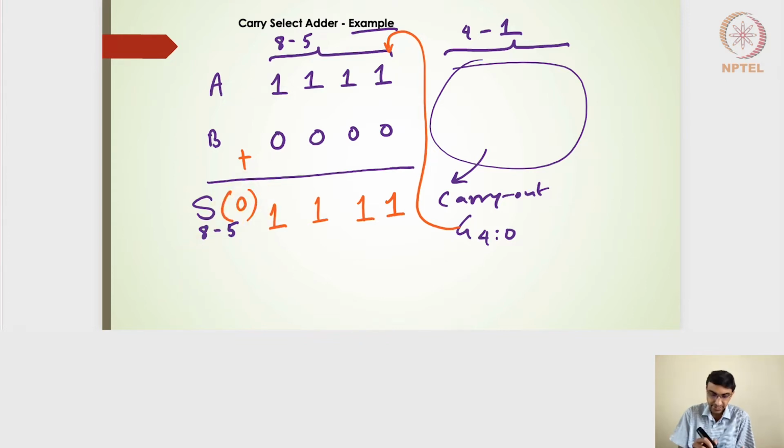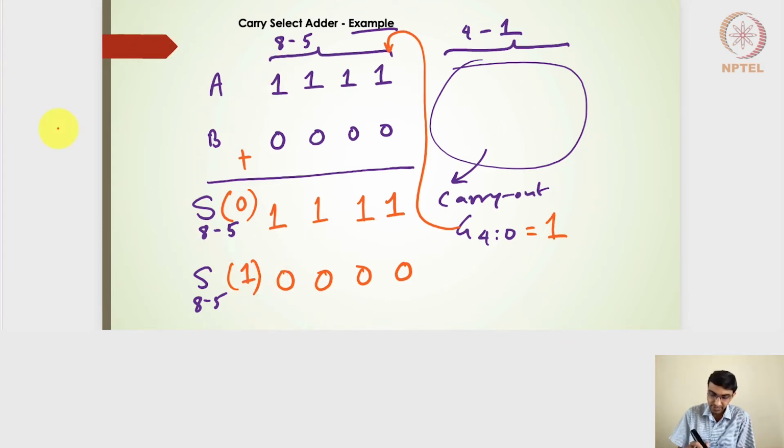So similarly, can I now find out S8 to 5 with the assumption that it is 1? If this is 1 here, then this carry out will go here, and 1 plus 1 will be 0. The carry will be propagated here, 1 plus 1 will be 0. The carry will be propagated here, 1 plus 1 will be 0. The carry will be propagated here, 1 plus 1 is 0.